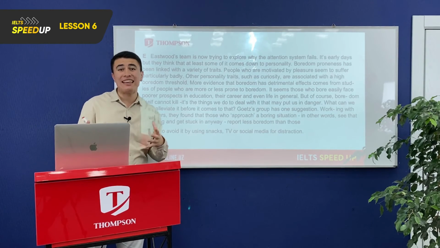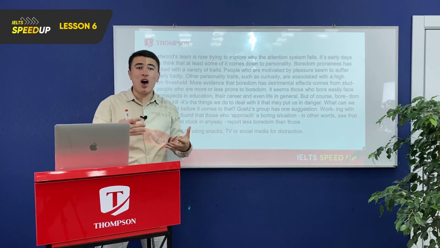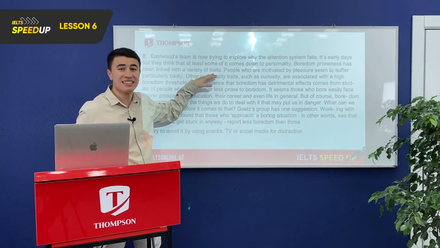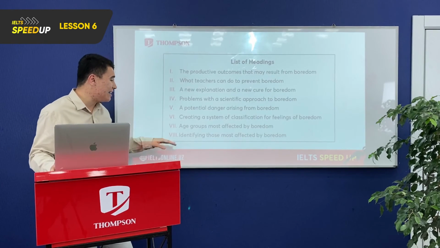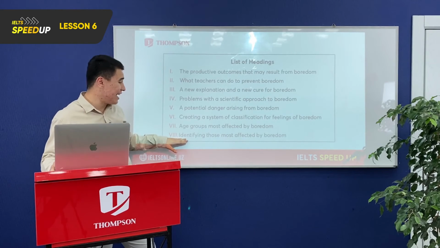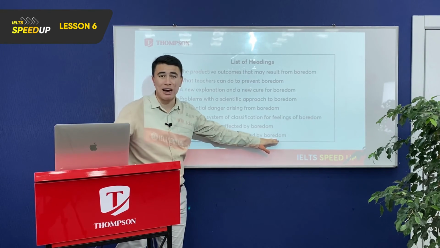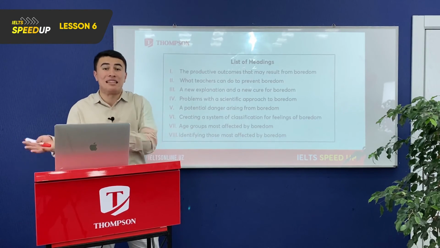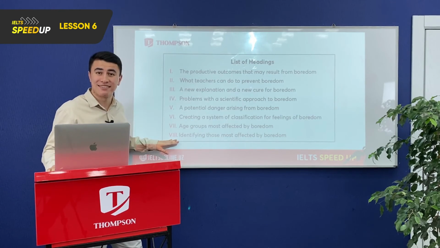They want to say that boredom affects only people with certain personalities and traits. And if you remember, we had heading 8, identifying those most affected by boredom. So different people have different personalities. So the answer is 8.